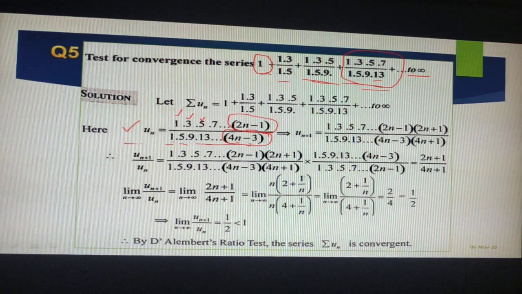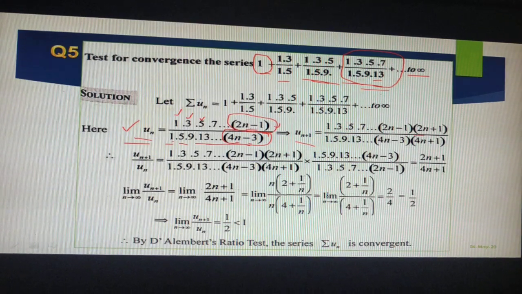Of course, once we have un, there is no difficulty in getting your un plus 1. What do you have to do? This is your nth term, and n plus 1 means the next term after this one. In place of this n, I am going to take n plus 1.